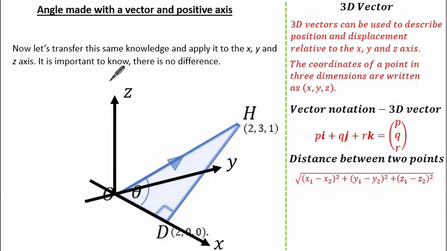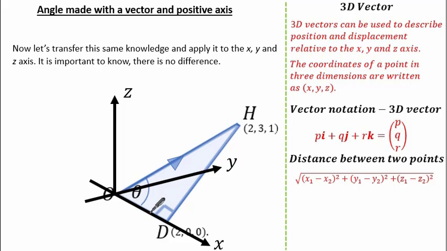Well, if we use the same knowledge and apply it to the x, y, and z axes, you might see there is actually no difference. To work out the angle made between the vector OH and the x-axis, we're still going to be using cosine.